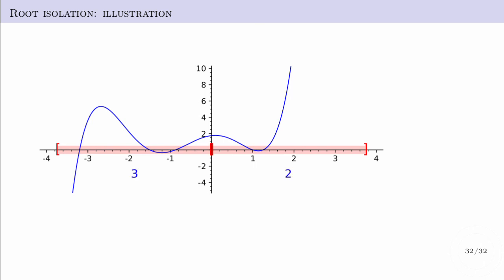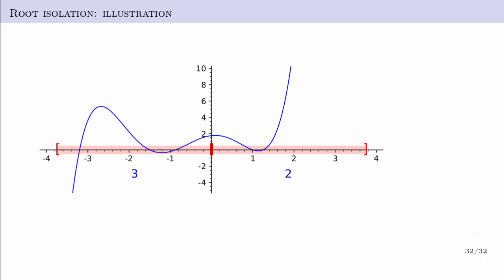Now we have two intervals, the left one and the right one, and if we count the number of roots in each interval, again using Sturm's theorem, we see that the left interval contains 3 roots, while the right interval contains precisely 2 roots. Nevertheless, both 3 and 2 are too big numbers.